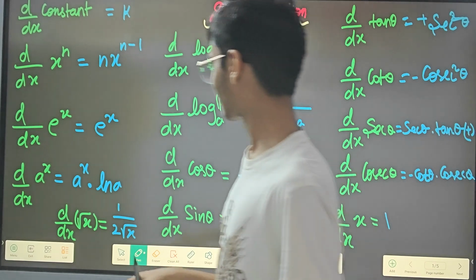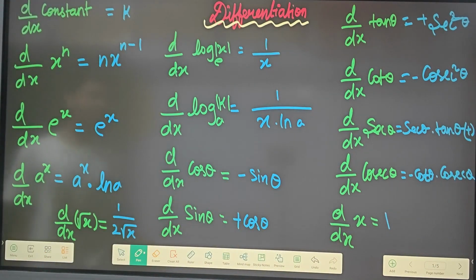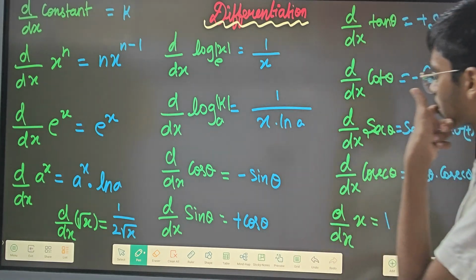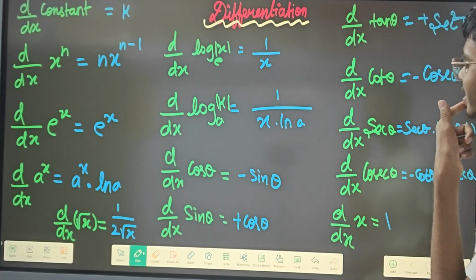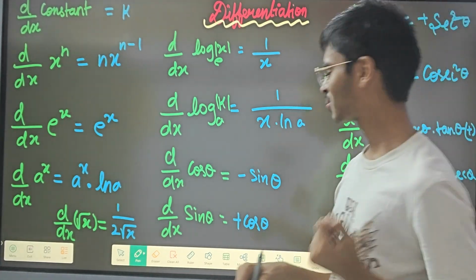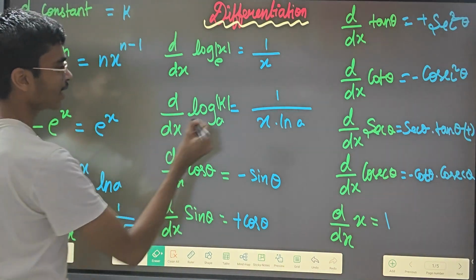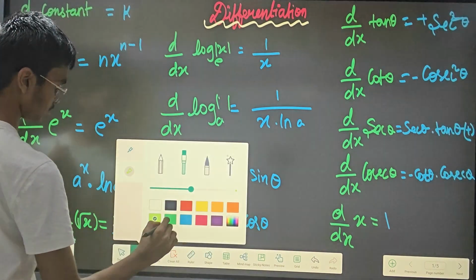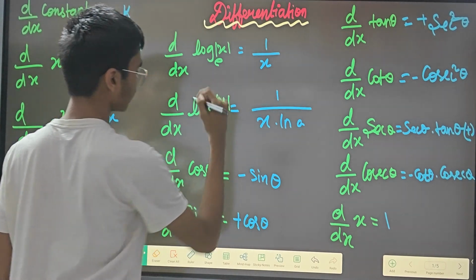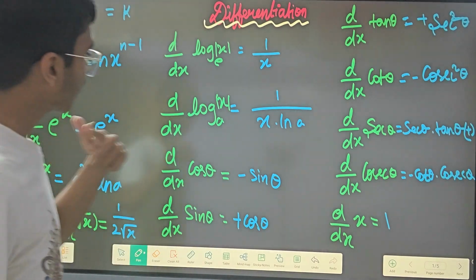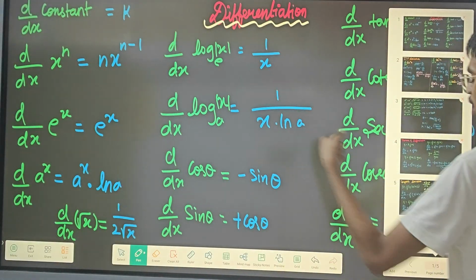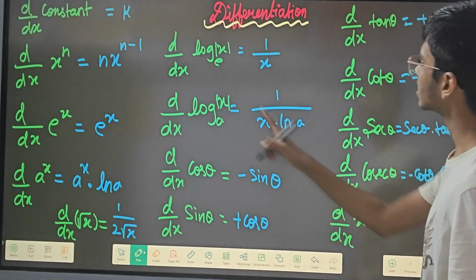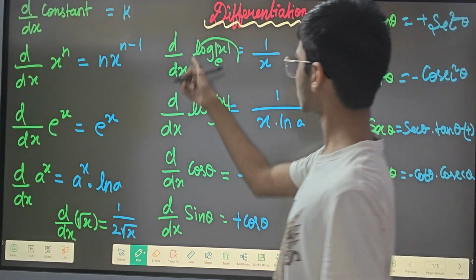You can ask me a question: here k is there, here x is there, how is it possible? It is possible when this k is equal to x. That means here it should be x, and here it is natural logarithm.